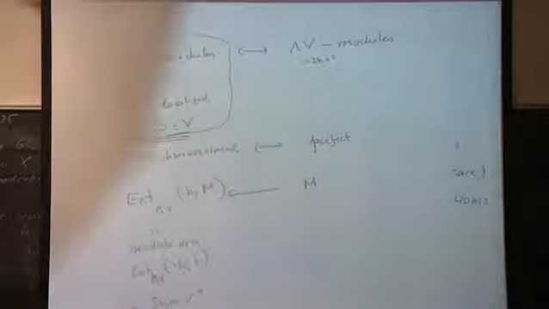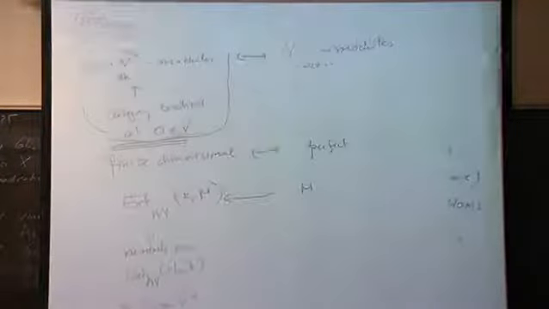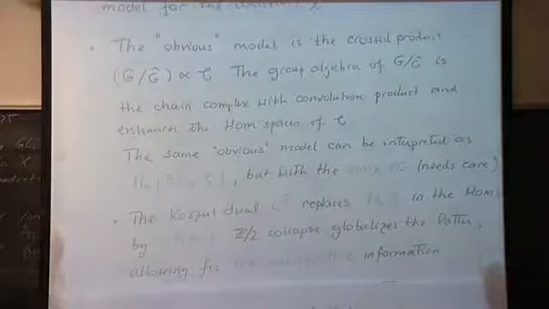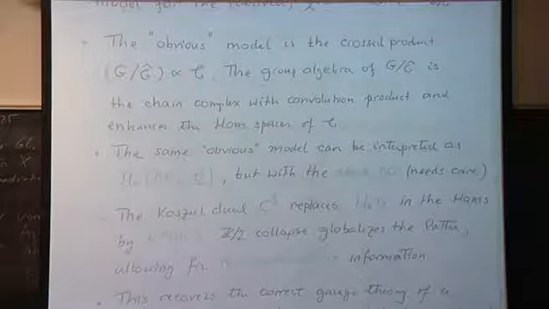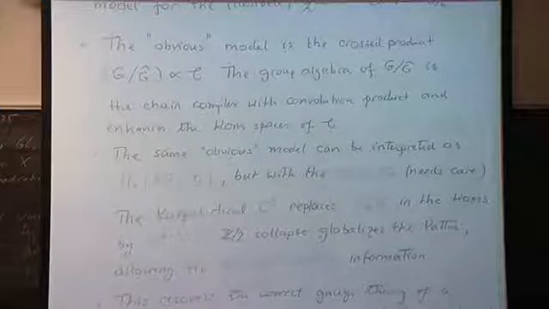So there are some situations where it's fine. I mean, if you only care about information at 0, in the graded case, that's good. But that's exactly going to be the point of, instead of using this, what I call the obvious model, using the Cartan model. Because the symmetric algebra is much bigger than the exterior algebra in terms of its modular category.